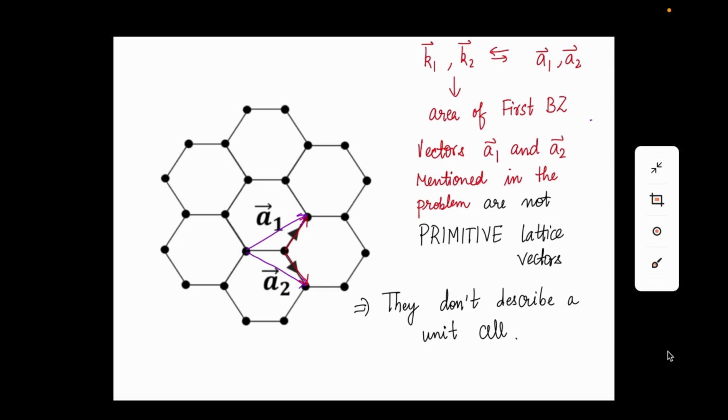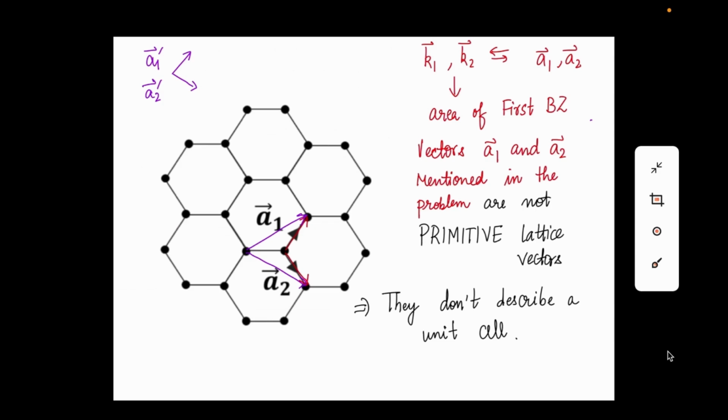Let's call these purple ones A1 prime and A2 prime. These are the correct unit cell vectors. So that's the trick of the question: to mislead you to the wrong unit cell vectors, and you would find the wrong area in the real space, and then you would find the corresponding wrong area in the reciprocal space.